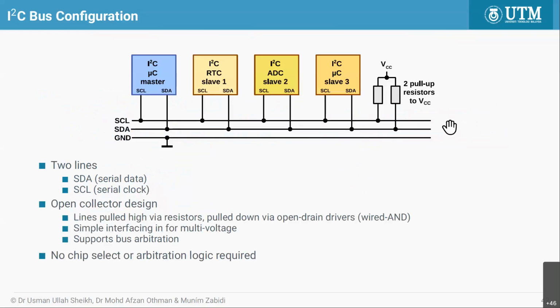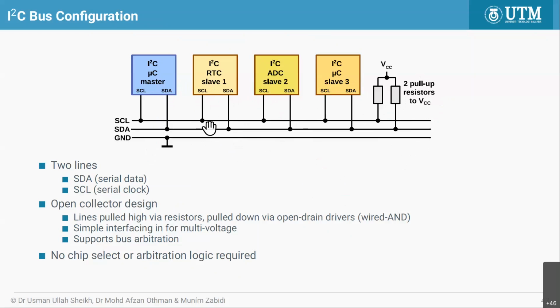Okay, so this is the basic configuration of I2C bus. Normally you have one master at least. You must have one master. You can have more than one, okay, but normally only one, and then many slaves. And outside chips, you need to have 2 pull-up resistors, one for each of the 2 wires there, and then of course you need a ground.